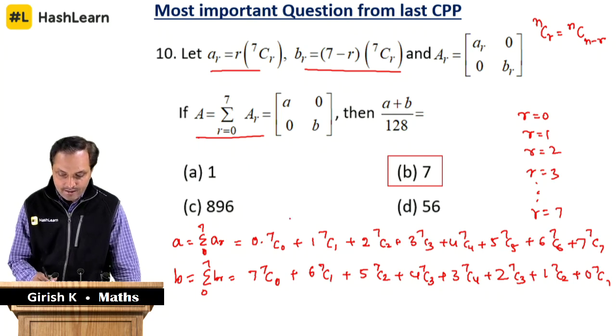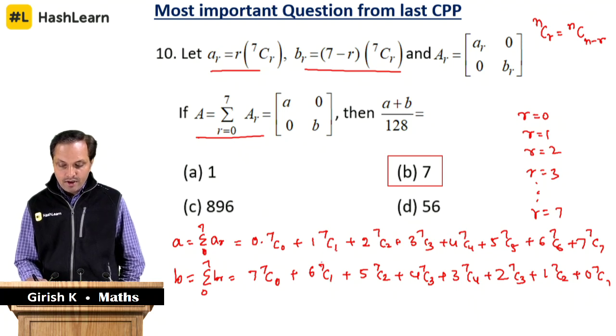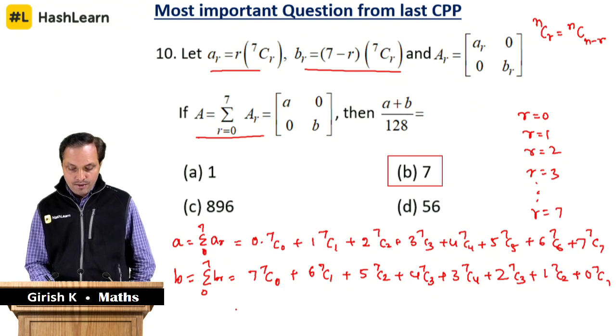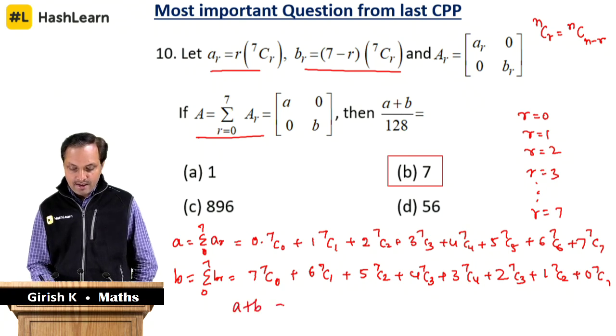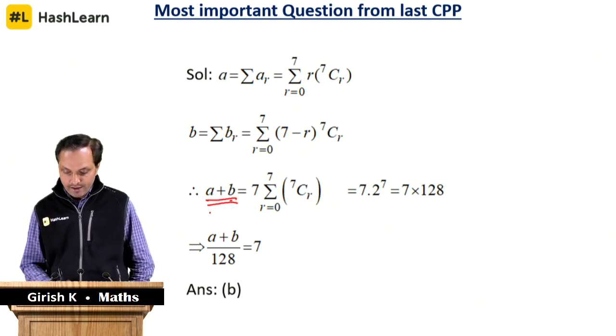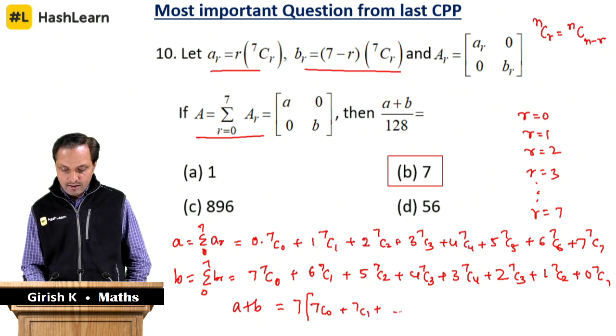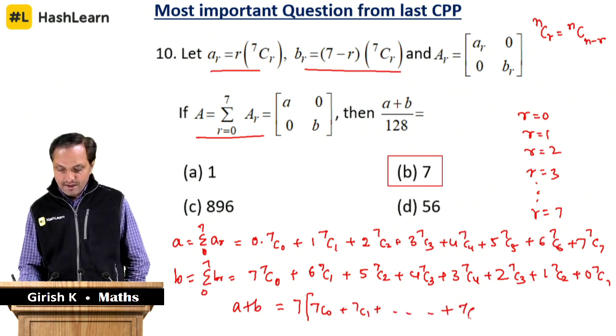When you add these, see here 7C1, 7C1, what will that give you? 6 plus 1 is 7 times. So A plus B, what will that give you? A plus B will give you here 7 times 7C0, 7C1 up to 7C7.